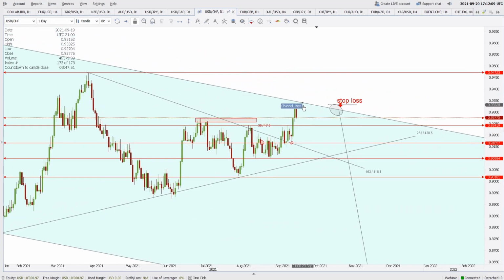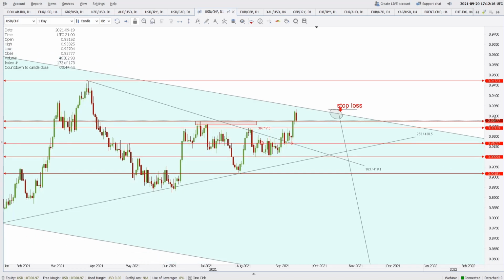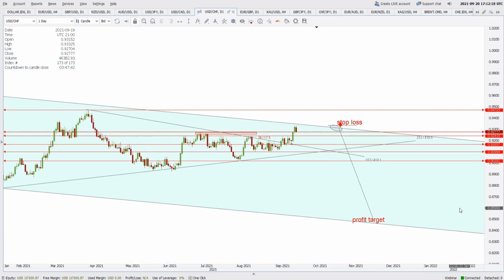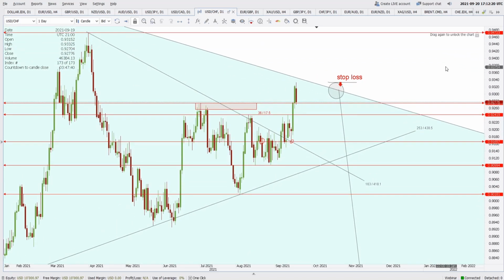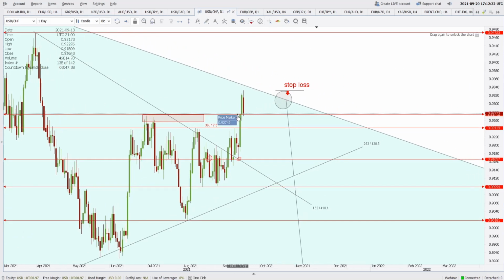So I'm saying if you see some bearish price action near this level, open a short with the stop loss higher like I have said, and target this area. It is going to be the next trade of the year for you maybe. Right now the price is trading at the support of 0.9274.